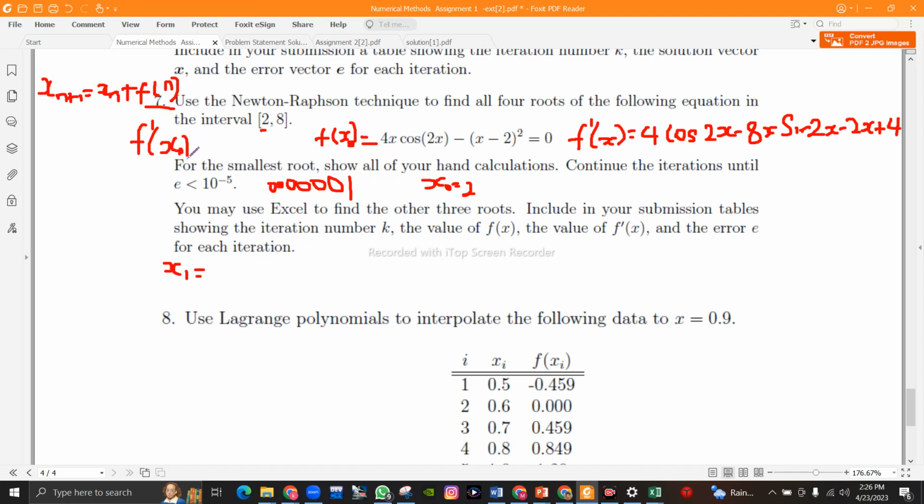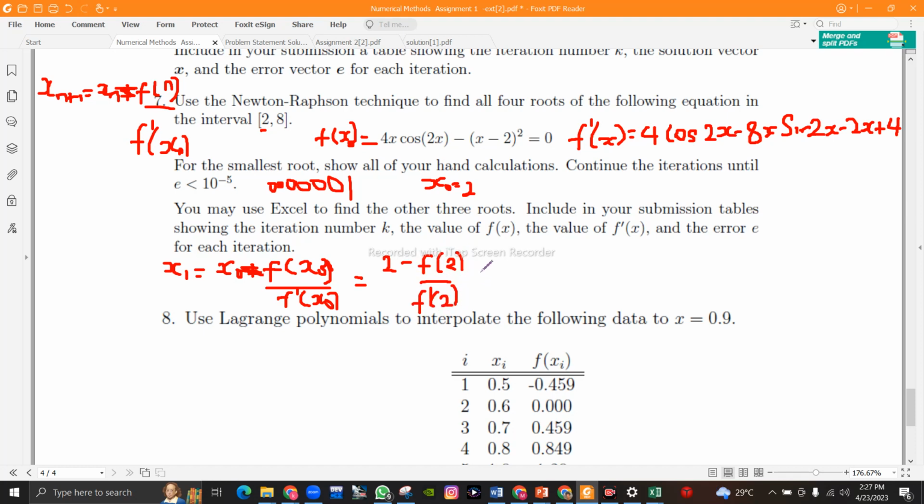So when n is equals to 0, we're going to have x1 equals x naught plus f of x naught divided by f prime of x naught. There's a mistake. It is not plus, it is minus. The formula is minus. So that will be x naught, which is 2, minus f of x naught, that's f of 2, divided by f prime of 2.